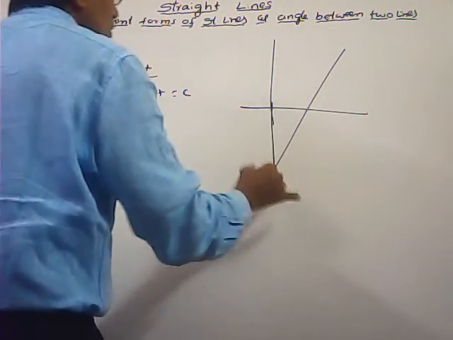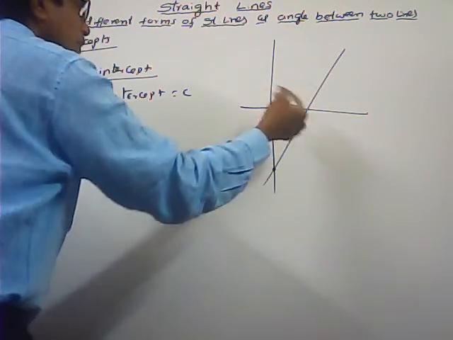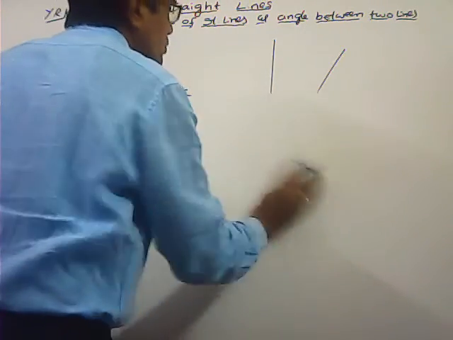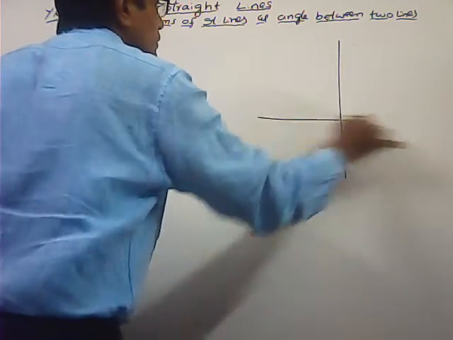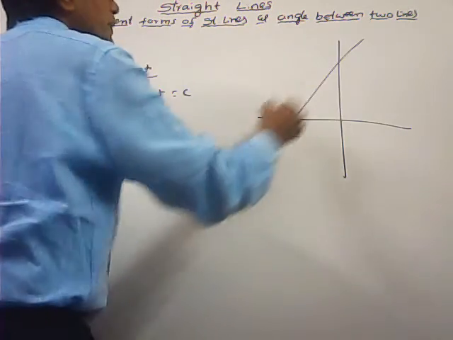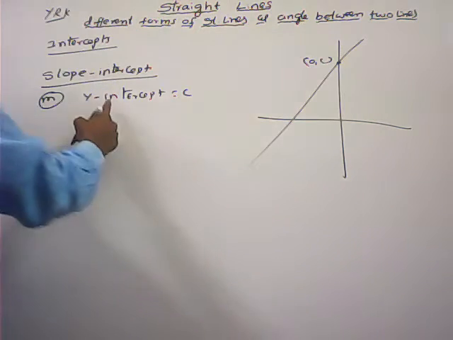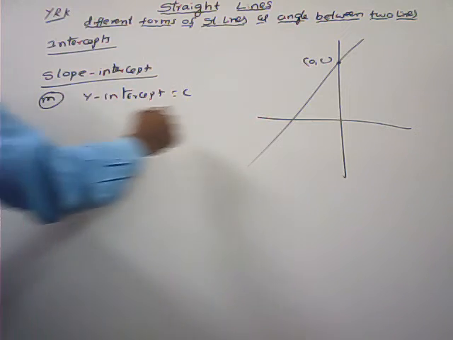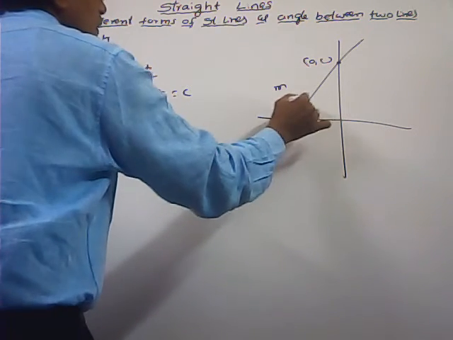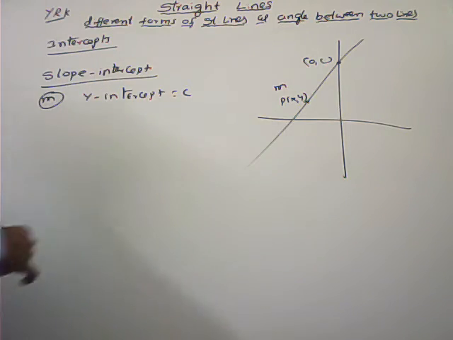The y-intercept c, which means the line cuts the y-axis at 0 comma c. We don't know the value of c, either it is positive or negative, so we can take it like this also. If the y-intercept is given, the line cuts the y-axis at (0, c), and slope m is given. Here you can take the variable point P (x, y). This is the variable point.